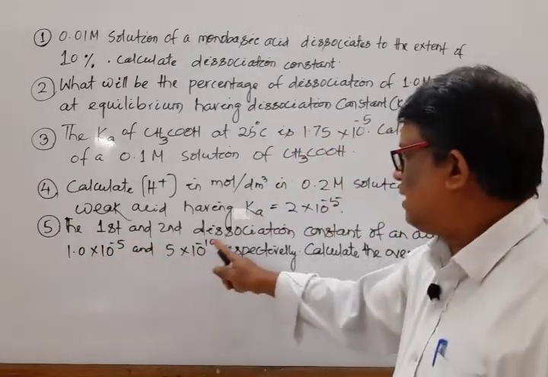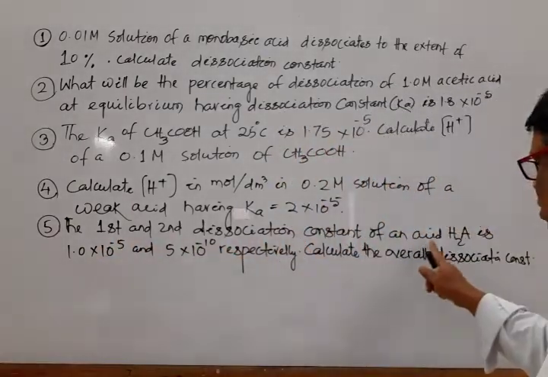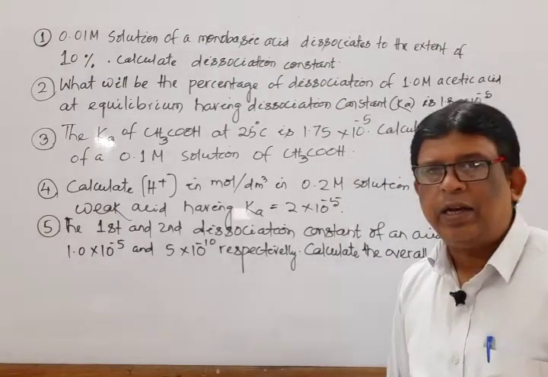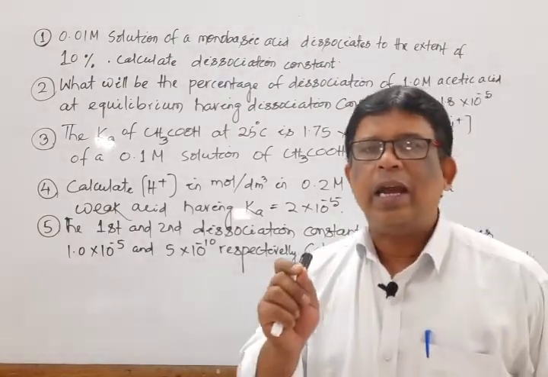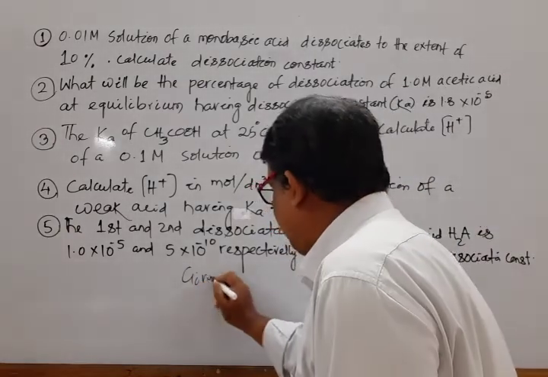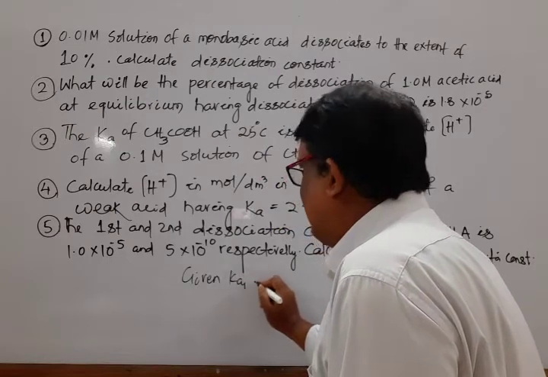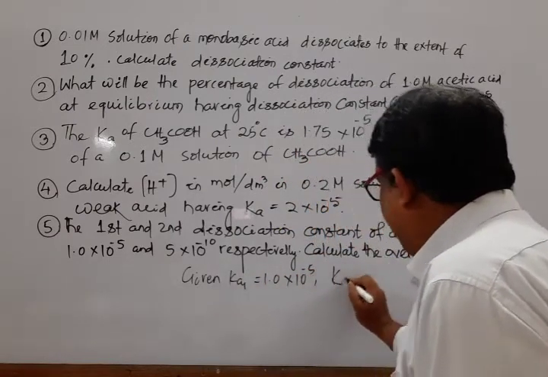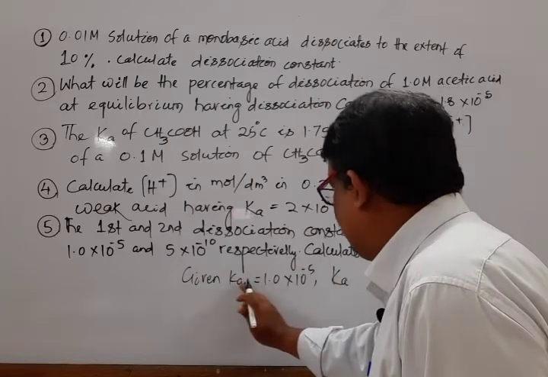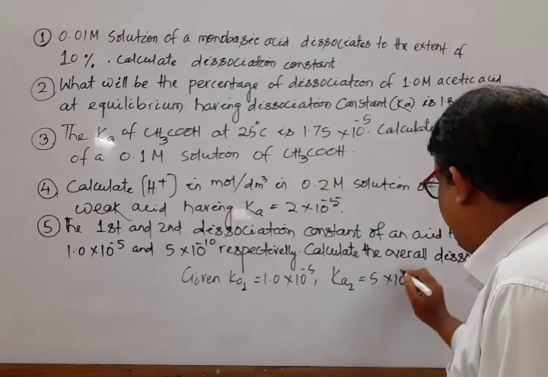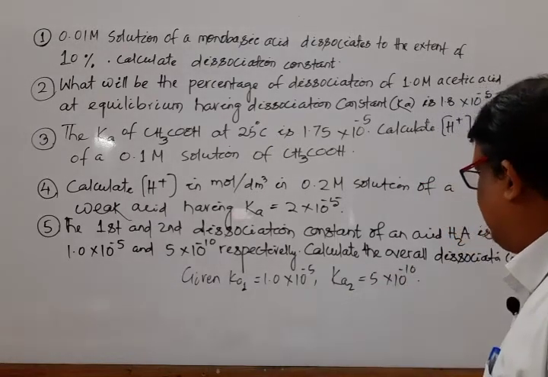The first and second dissociation constants of an acid are given, Ka1 is equal to 1.0 into 10 to the power minus 5, and Ka2 is equal to 5 into 10 to the power minus 10 respectively.